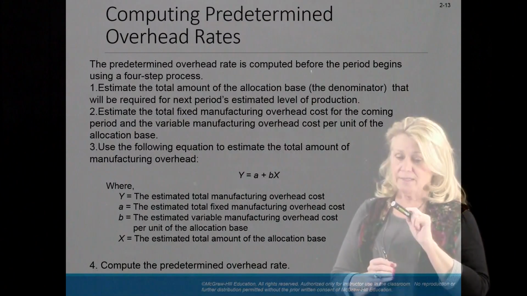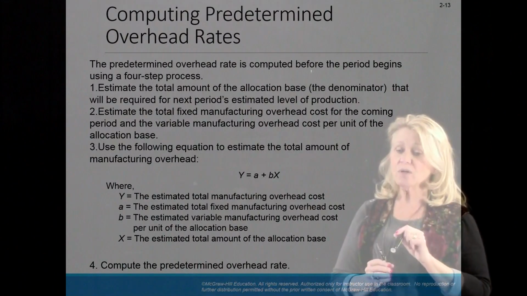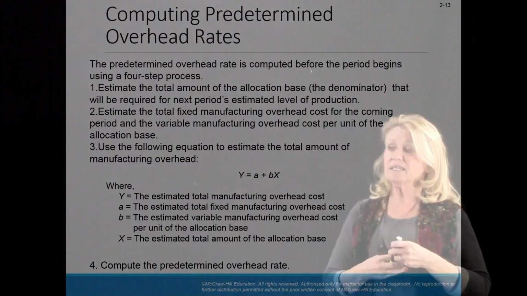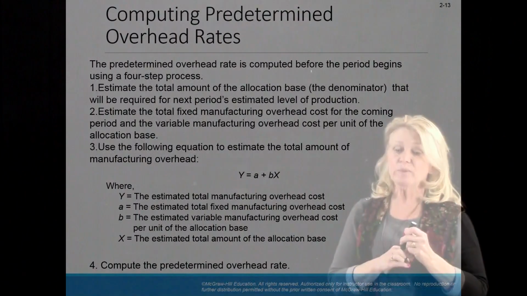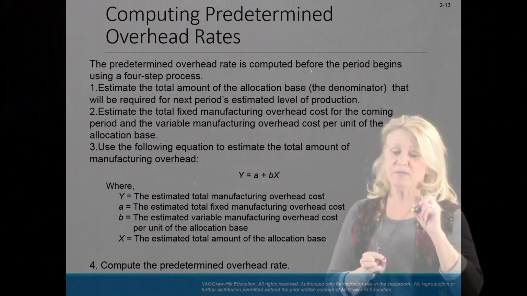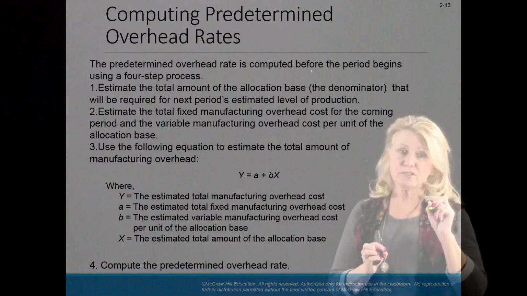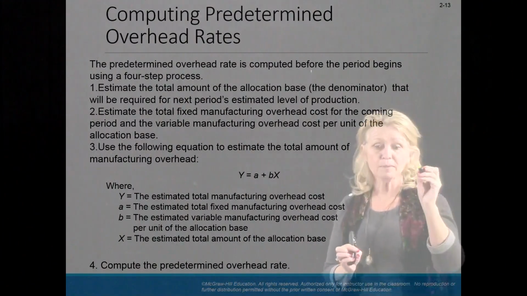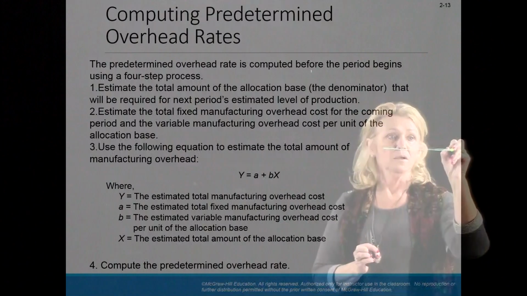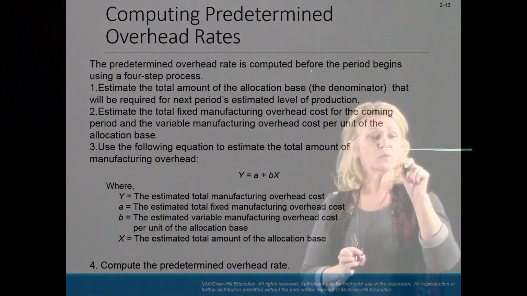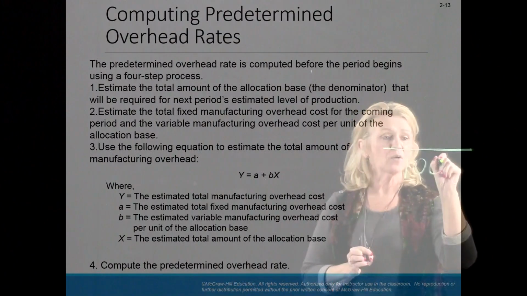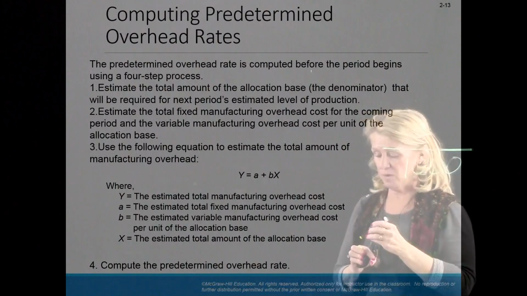So 1, we're going to estimate the total amount of the allocation base, the denominator, that will be required for the next period's estimated level of production. So in our problem, our denominator was 1,000 hours of labor. Okay?